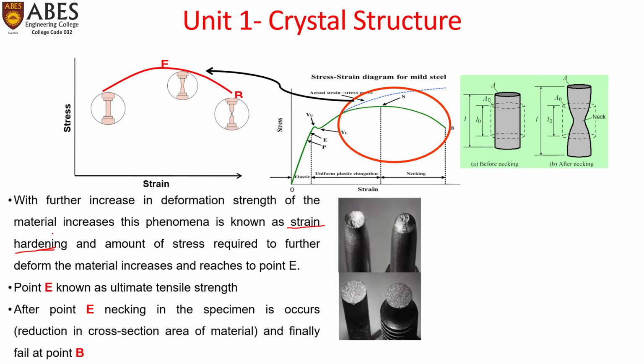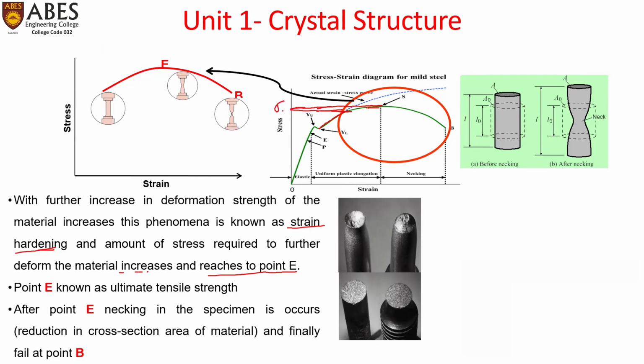The restriction of dislocation movement happens, and therefore this strain hardening effect during plastic deformation increases the strength of the material, and the amount of stress required to further deform the material increases and reaches point E. So after the start of plastic deformation, the stress required to deform plastically keeps on increasing till this limit is achieved.